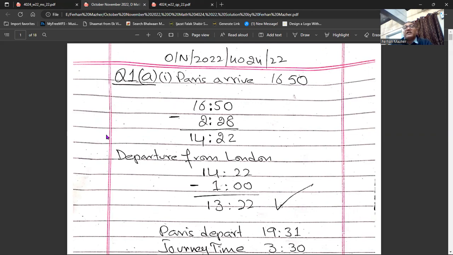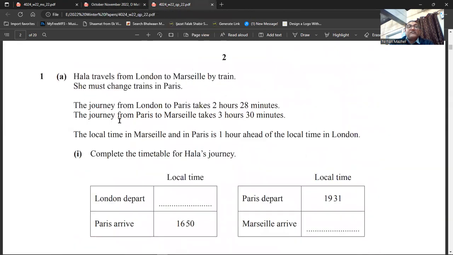So if the arrival time in Paris is 1650 and the journey time is 2 hours and 28 minutes, from 1650 subtract the journey time and you will get the departure time. So it will be 14:22.